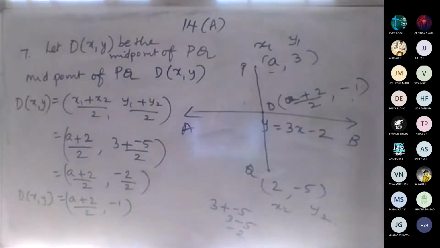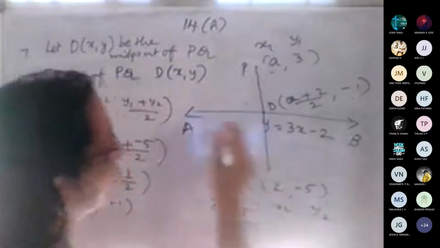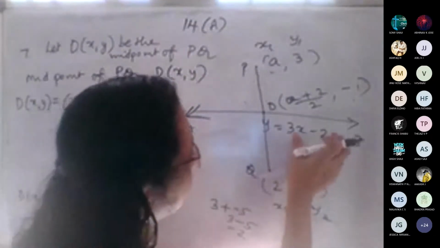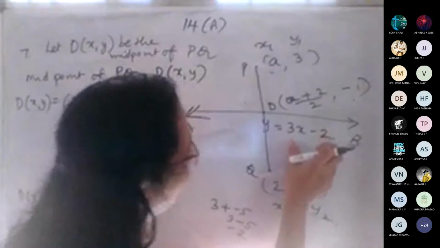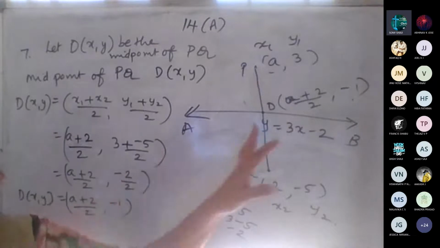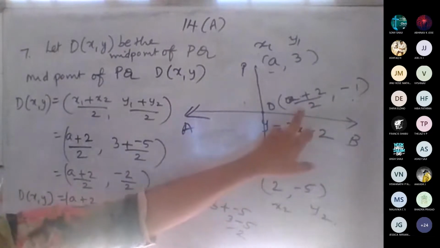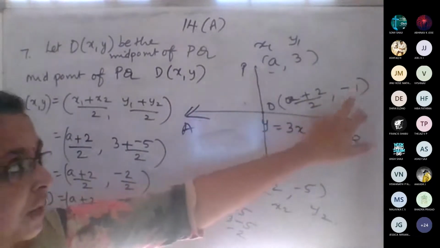The line y is equal to 3x minus 2 is there. We have to find out the value of a. So x is equal to (a plus 2) by 2, y is equal to negative 1.